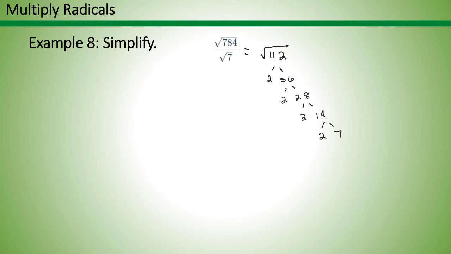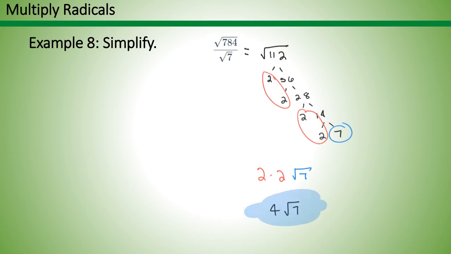So we have two pairs of 2. 2 times 2 will come to the outside, and then 7 will be stuck on the inside. So my answer here is going to be 4 root 7. That is our final answer here. It's 4 root 7.